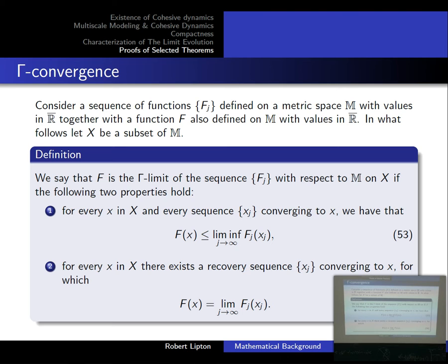So F is said to be the gamma limit of a sequence of functions Fj with respect to the metric on a subset if the following two properties hold.